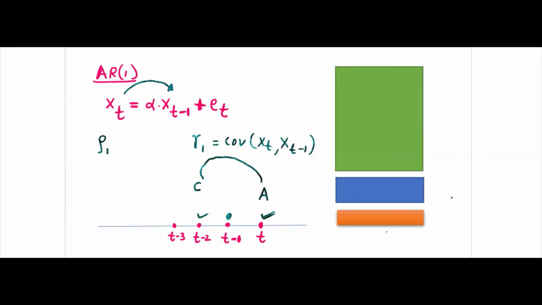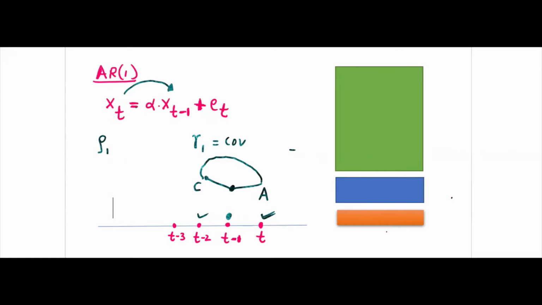So direct correlation between A and C and through correlation, how can you separate that? Finally everything will be included.